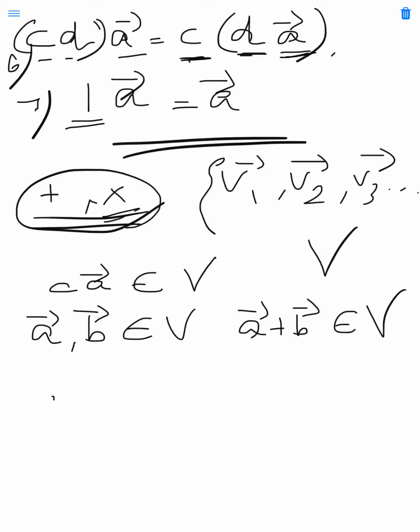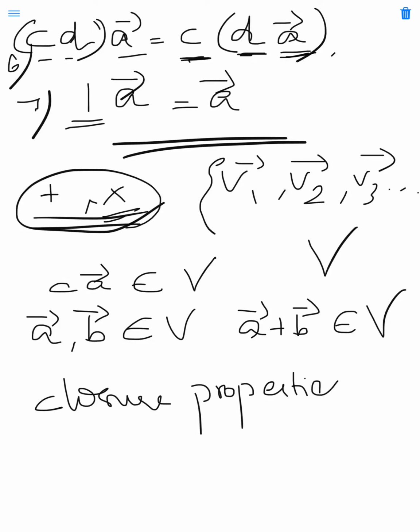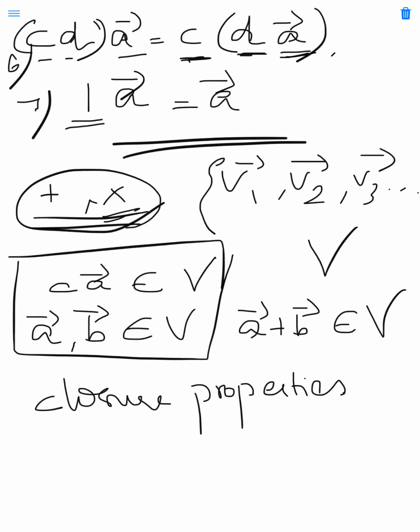So these are the closure properties which should be satisfied by the vectors so that they belong to the vector space. For any vector, to check whether it belongs to the vector space or not, you need to check these properties. After scalar multiplication of the given vector, if the result belongs to the vector space, then one condition is satisfied.